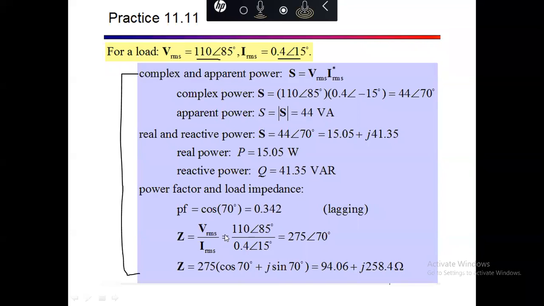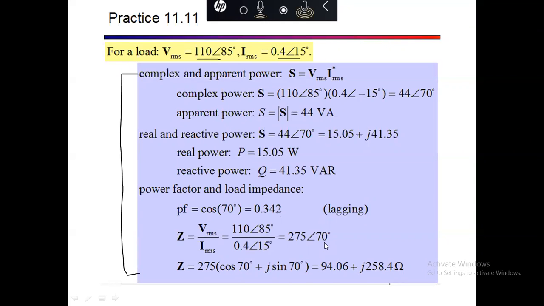So Z is VRMS over IRMS, and that is 110 at the angle of 85° divided by 0.4 at the angle of 15°. So that is 275 at the angle of 70°.